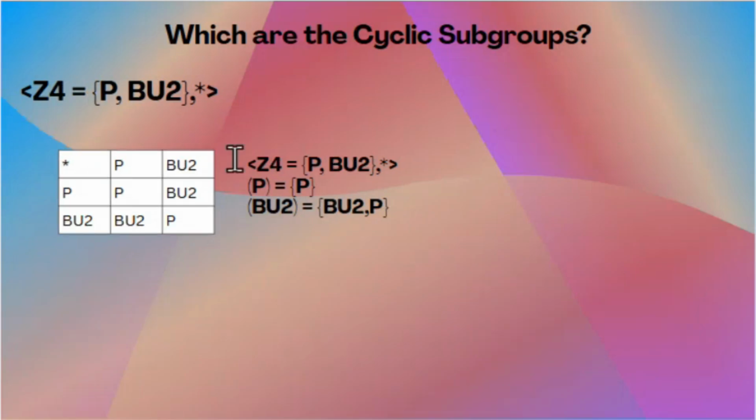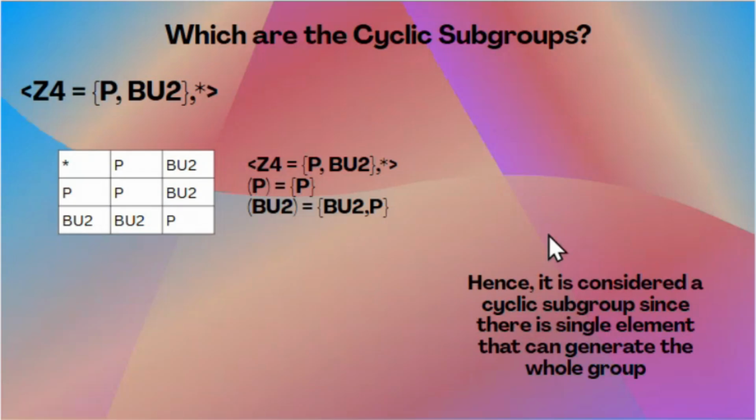Next one, C sub 4, we have P and BU2 under binary operation star. So P star P is P and BU2 star P is BU2 and BU2 star BU2 is P. So we have BU2 as the generator. That's why it's a cyclic subgroup.